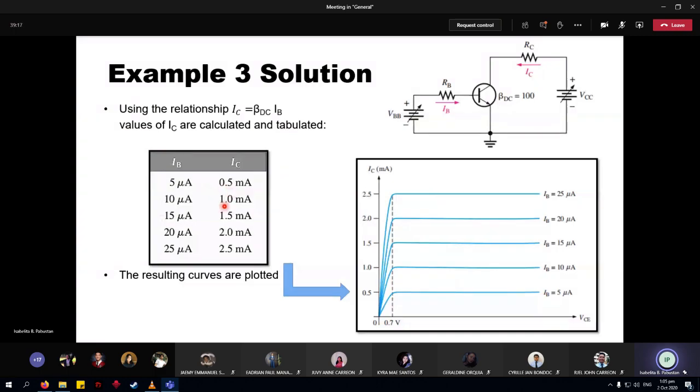Okay? IC, 1 milliampere. Look for the 1 milliampere here. This is the 1. Where is the knee? Here. This is the IB of 10 micro. But how about this?